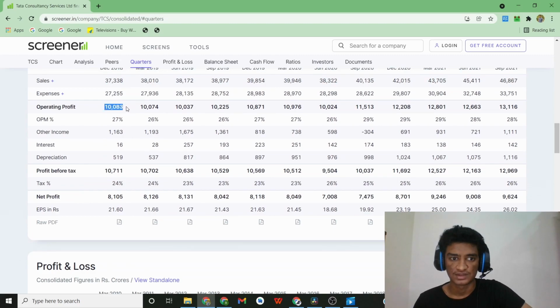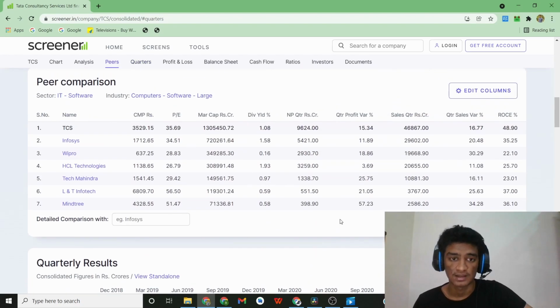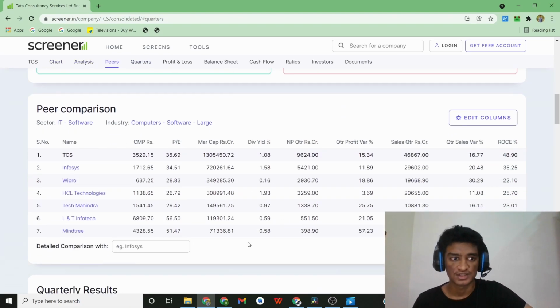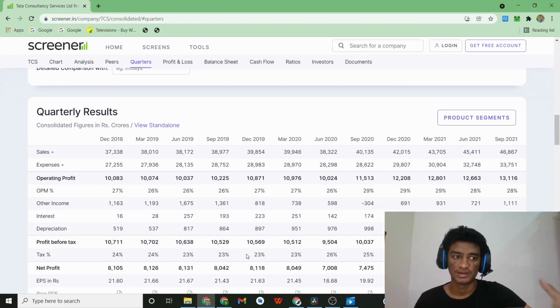The operating profit has gone from 10,000 to 13,000. Your net profit has gone up from 8,000 crores to 9,600 crores, and your EPS has also gone up from 21.6 to 26.02, which indicates that the company is doing pretty well. Similarly, you can check out the same for other companies as well.